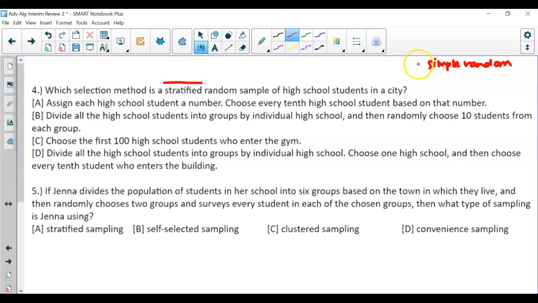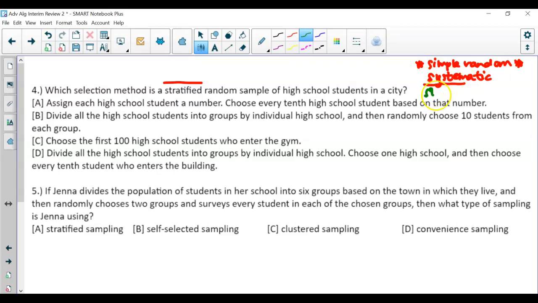That is your simple random, and that is the most accurate. Then you have other options that were also accurate, like systematic. Systematic, if you recall, had a system to it, a pattern. That was like every 5th student that walks through the doors, or every other student, every 3rd student. So that was a pattern to it.